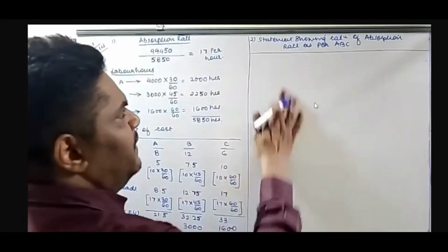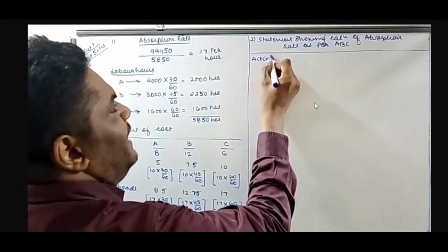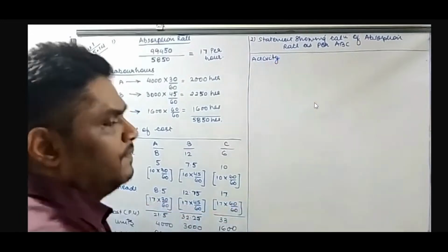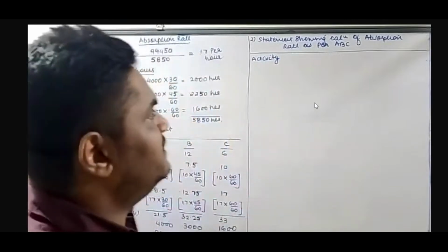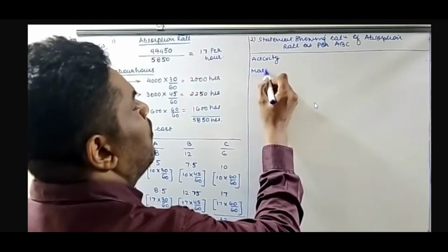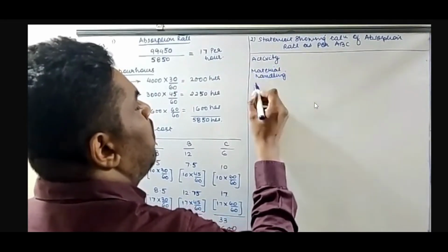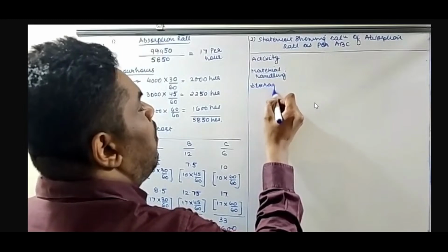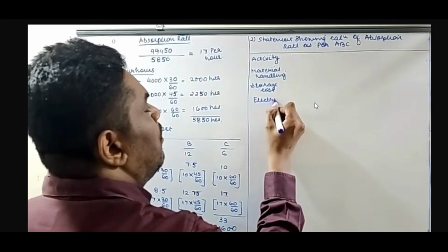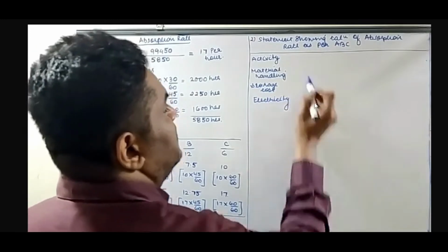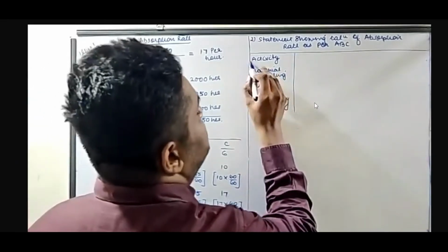So let's prepare a table wherein we will calculate the absorption rate for every activity. Let's first write down what all activities of the organization are. There are three activities as mentioned: material handling, storage cost, and electricity. So these are the various activities of the organization.